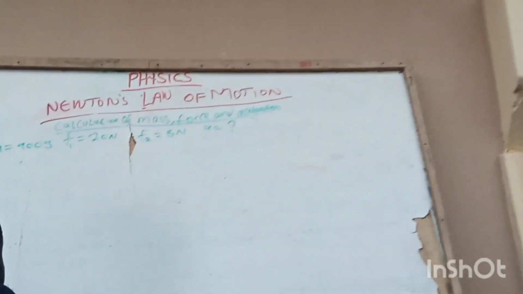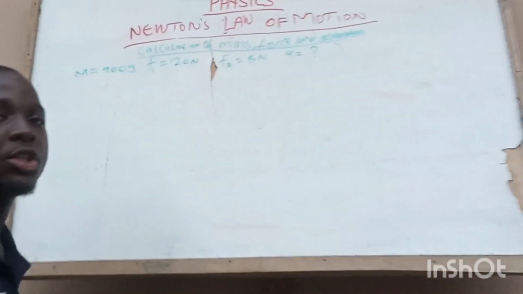That's our question. So for us to be able to solve this is a very direct and easy question. So we have already been given our mass, our force 1, force 2, and also our acceleration.